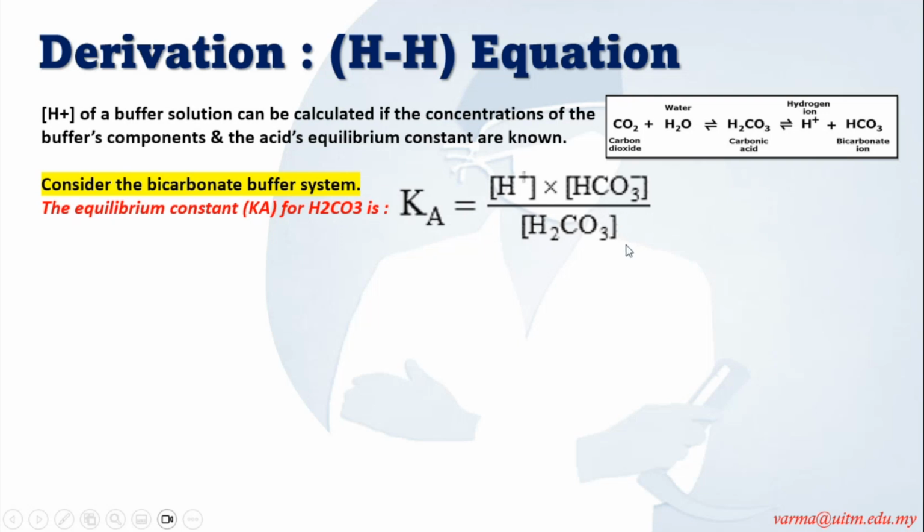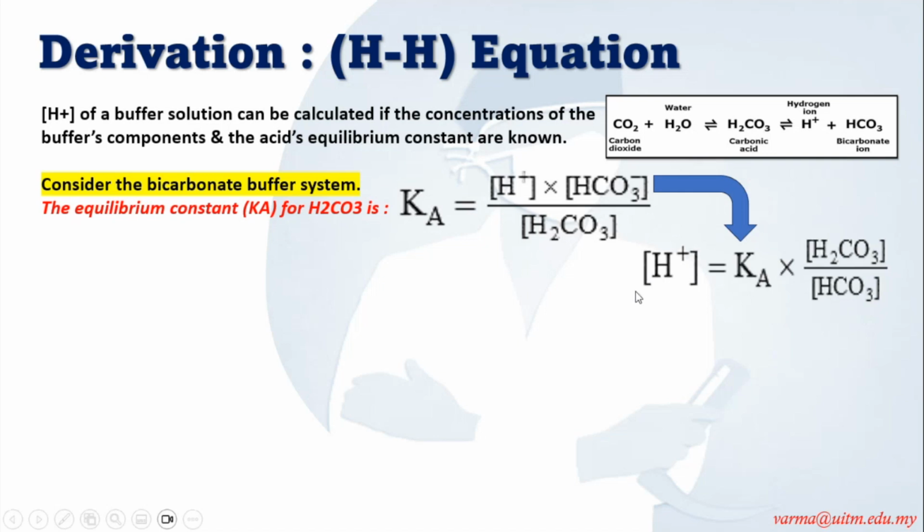Okay, this is the equilibrium constant formula for any acid. It is the dissociation constant for this buffer system. We rearrange this, and we get H plus equals the dissociation constant times H2CO3 divided by bicarbonate.